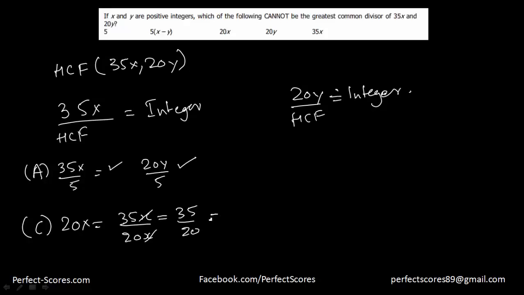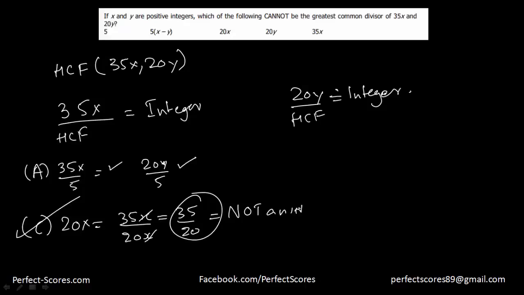Is that an integer? Not an integer. Which means there is no way you can get an integer here in any possibility. That means 20x cannot be the highest common factor of these two numbers. Every other answer option could be.